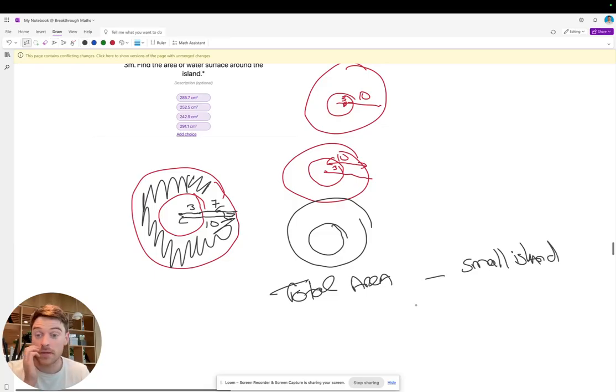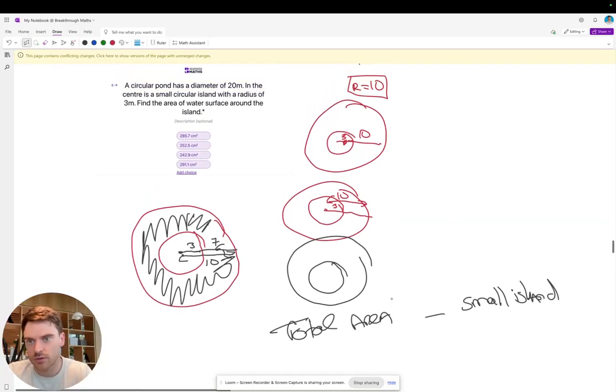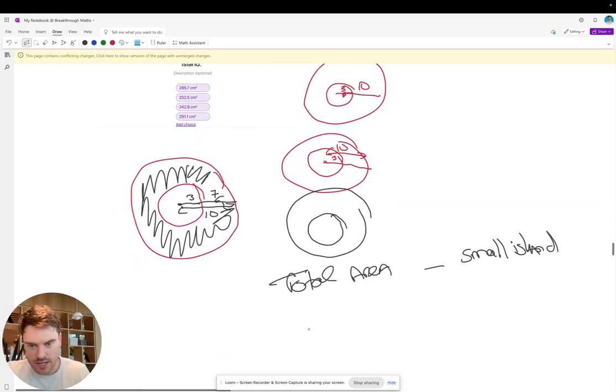The area of a circle is pi r squared. Here r is 10, so pi r squared is 100 pi.